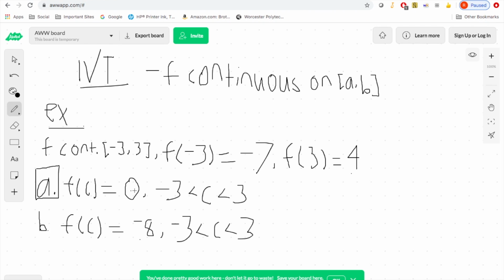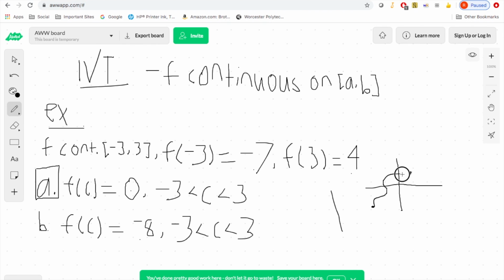And if you think about it on a graph, say that this is our coordinate plane here, and say that we had f of -3 equals -7, let's let that be that point, and f of 3 equals 4. So the function's continuous, which means it's doing something like that.